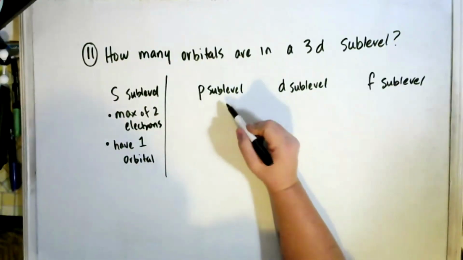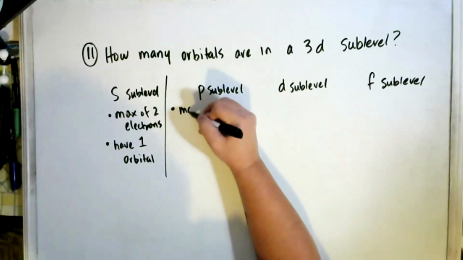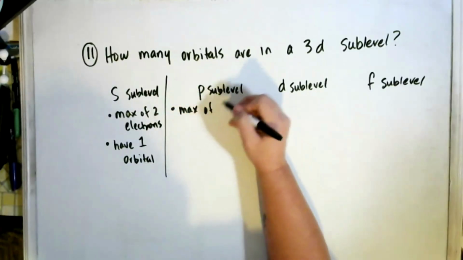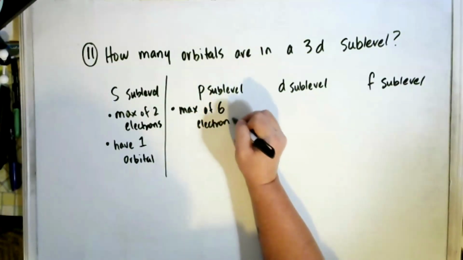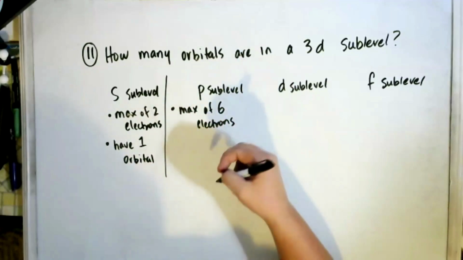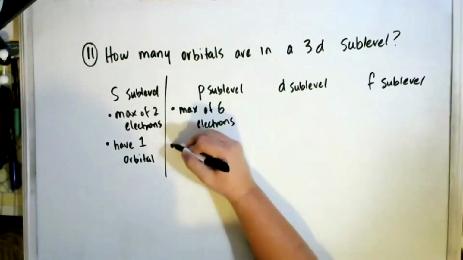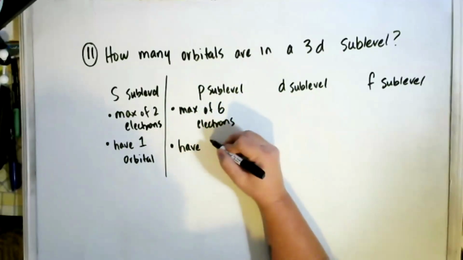Okay. For your P sublevels, they can hold a maximum of 6 electrons total. Again, you can have a maximum of 2 electrons that fit into every orbital. So all of your P sublevels are going to have 3 orbitals.